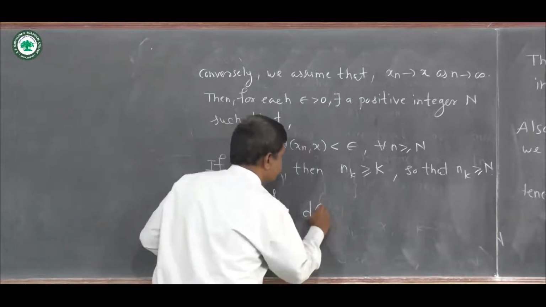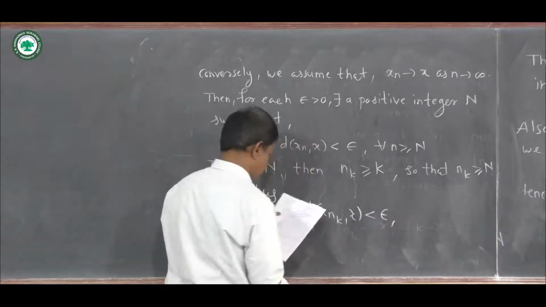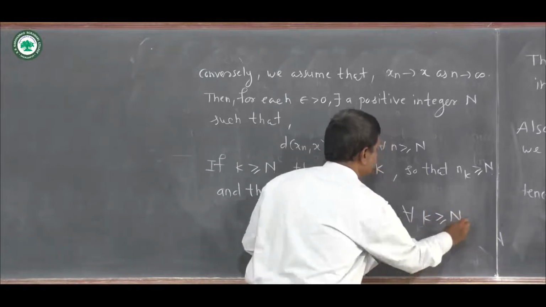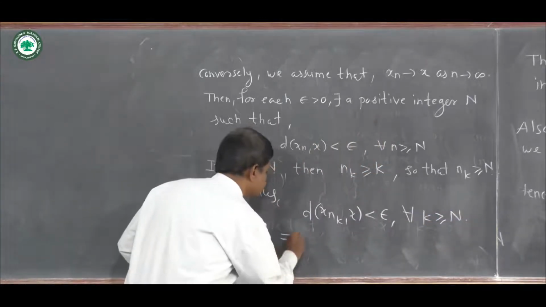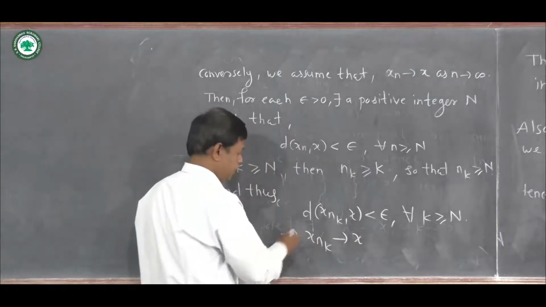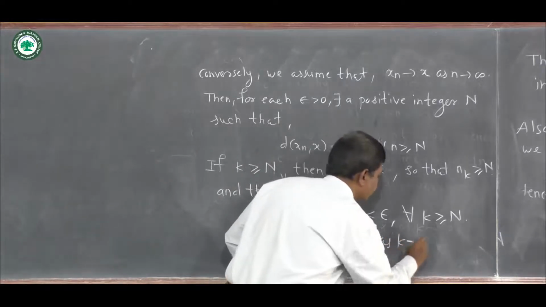So using this, thus the distance between x_{n_k} and x is less than epsilon for all k greater than or equal to N. This implies that the subsequence x_{n_k} of x_n converges to x as k tends to infinity.